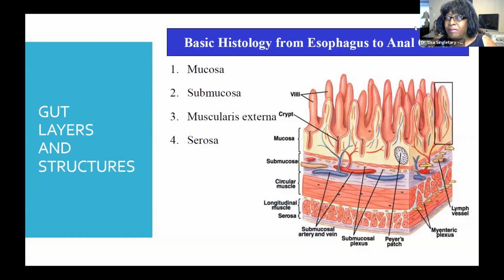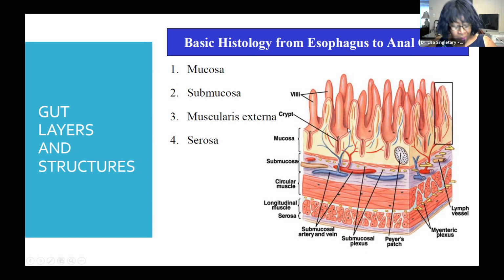So first, let's just take a look at a sketch of the gut. This is the lining of a gut. There are slight changes along the path of the gut, but basically anywhere from the end of the esophagus to the anus, we're going to have this basic histology, these 4 layers.